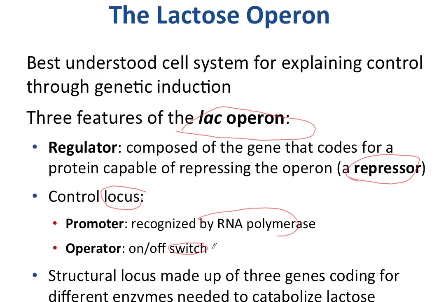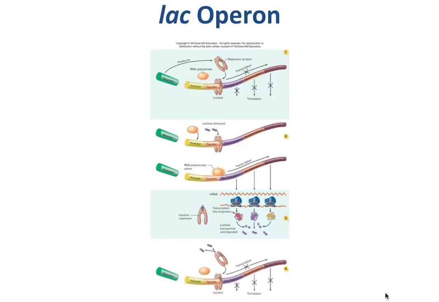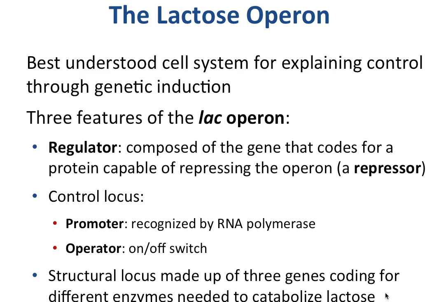The structural locus contains the sequences that code for the different enzymes needed for the catabolism of lactose. So we can use this.